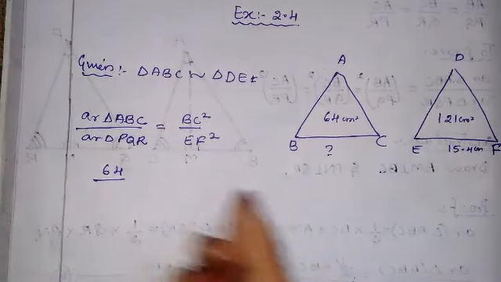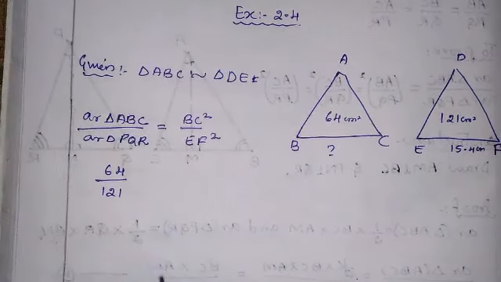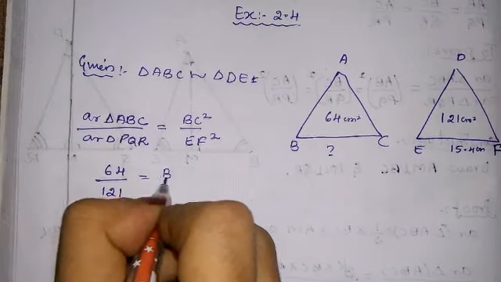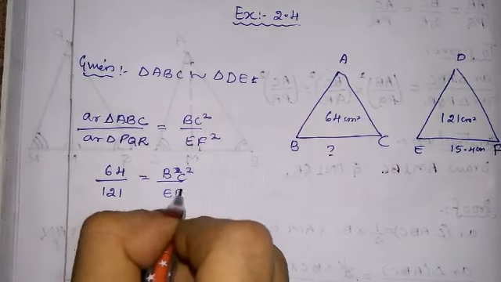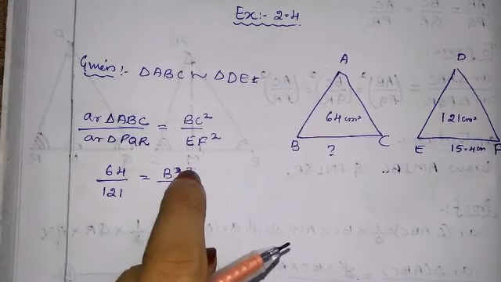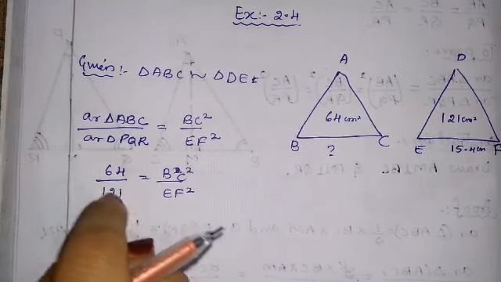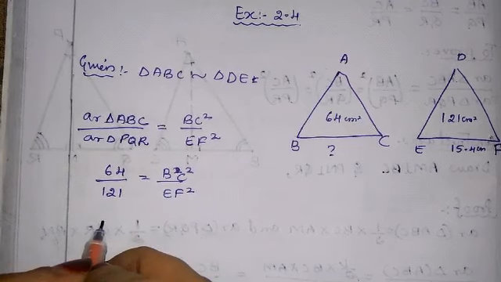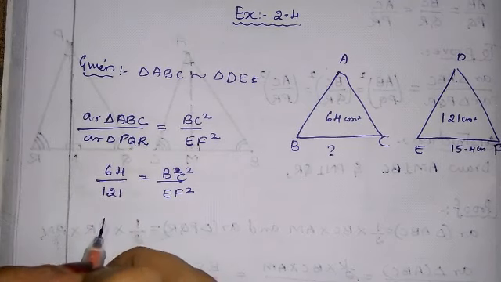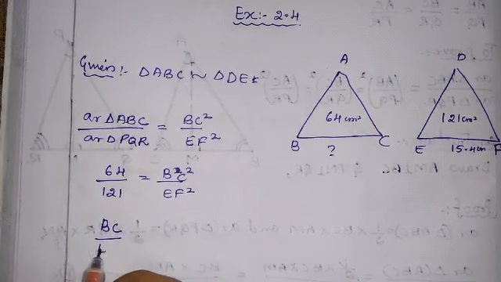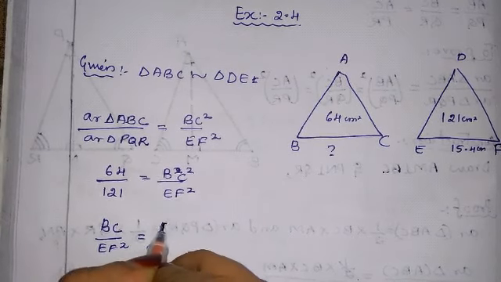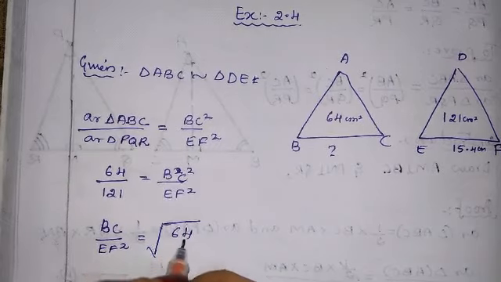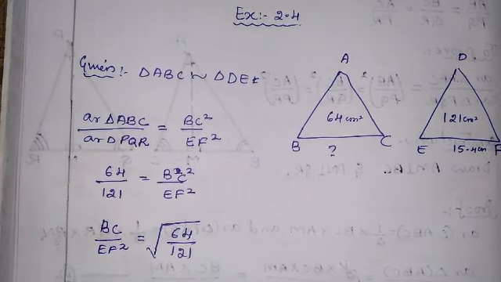Triangle DEF area is 121, is equal to BC square upon EF square. Now we know that the square will become a root if we take it to this side. Now I'll write BC upon EF. Where did the square go? The square becomes a root on this side, root 64 by 121.